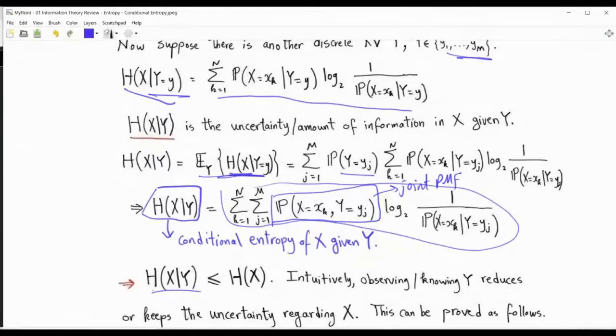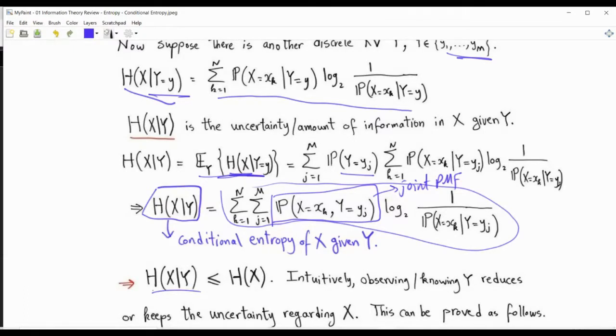The worst case is if x and y are independent. In that situation, knowing y tells you nothing about x, and so the entropy of x given y will be exactly equal to the entropy of x. The uncertainty in x remains the same because you measured something independent of x.